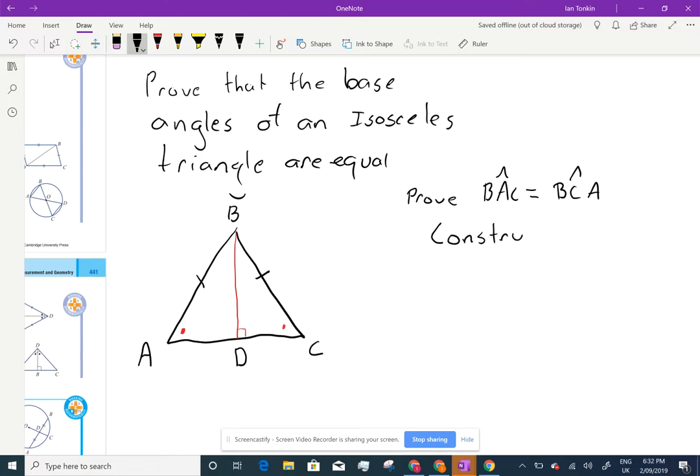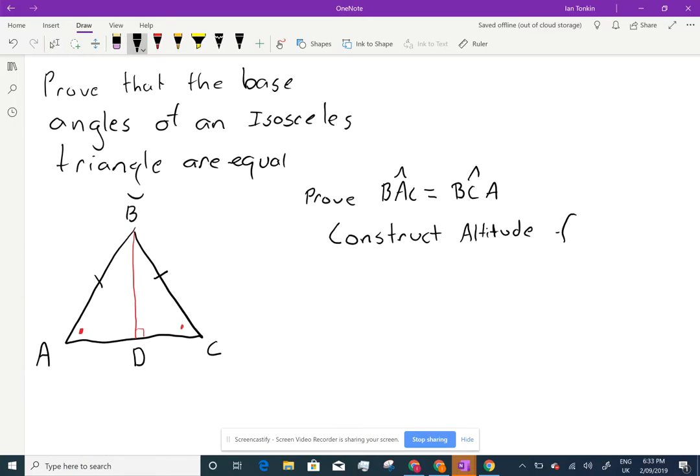I have to say that I'm doing this. Altitude from B to AC, meeting in D.